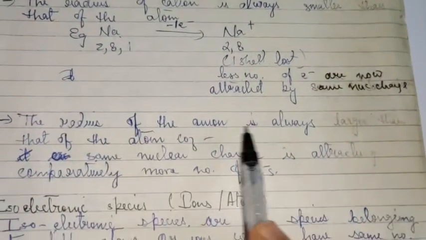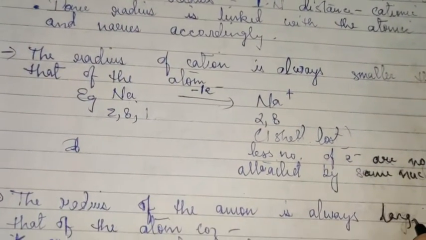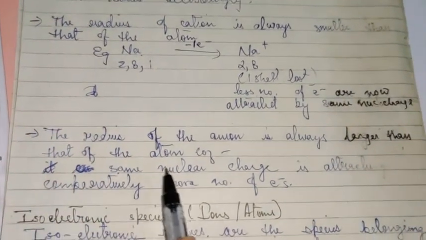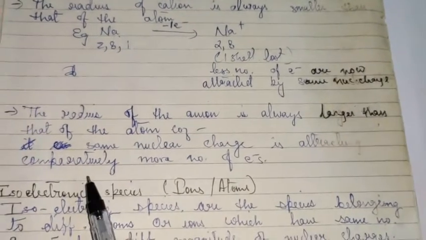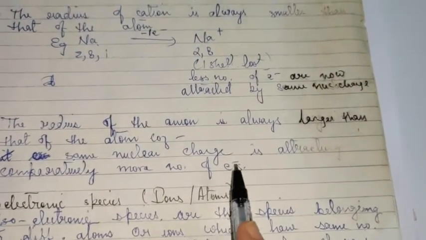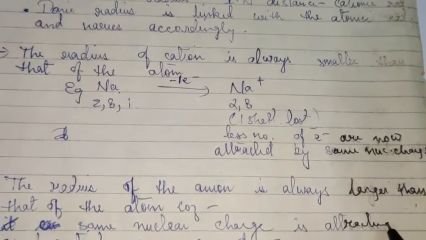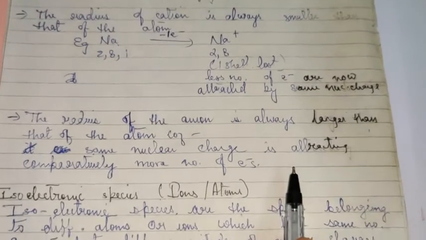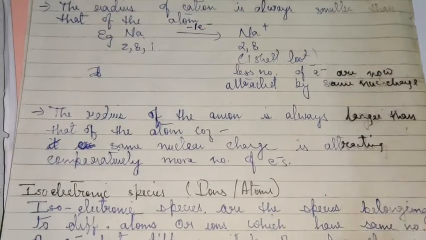The radius of the anion is always larger than that of the atom, because the same nuclear charge is attracting comparatively more number of electrons. Now in case of anion, what is happening? The number of electrons is increasing, because an anion is formed by the gain of electrons.